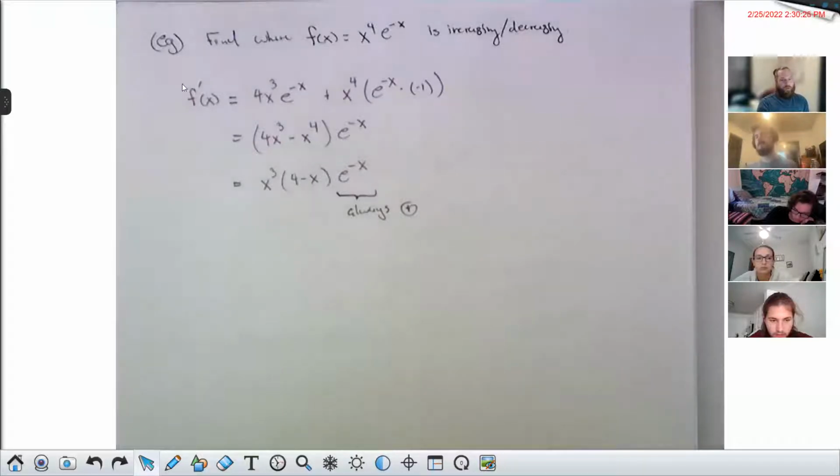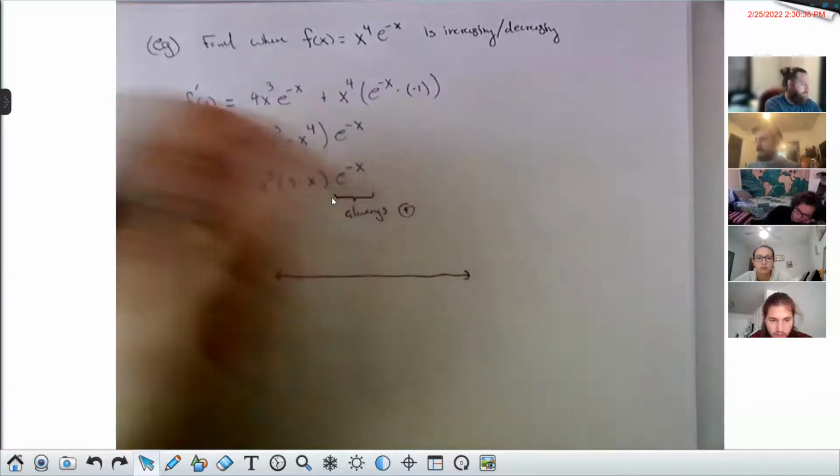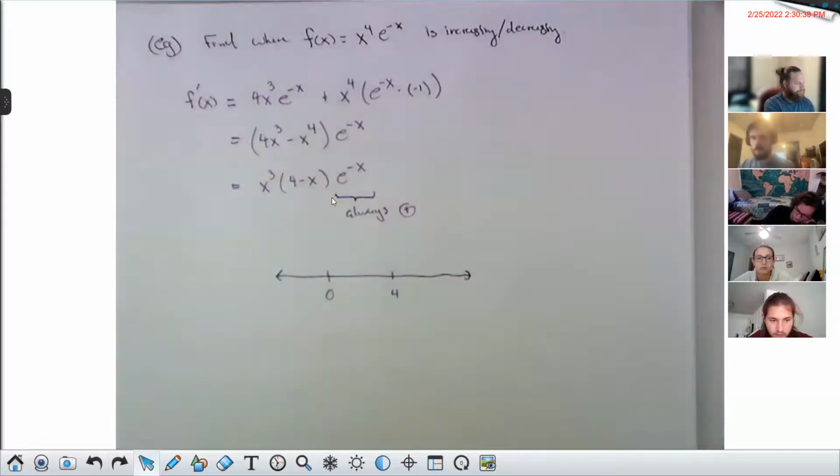So when it comes to sorting out the sign of f prime, I only need to concern myself with these polynomial factors. Both of those factors are odd multiplicity. The roots are at 0 and 4. If you think about the expanded form of those polynomial factors, the dominant term is the x to the 4.